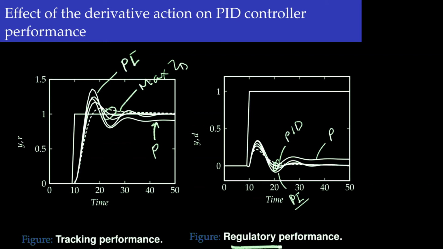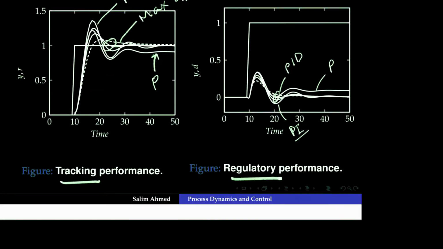Now we see the effect of these three parameters on the response of the process. This is important to understand, because when you are designing a controller, meaning tuning the controller parameters, you need to understand how increasing each parameter will affect the process response. Again, for this analysis, we have used the ideal form of the PID controller.